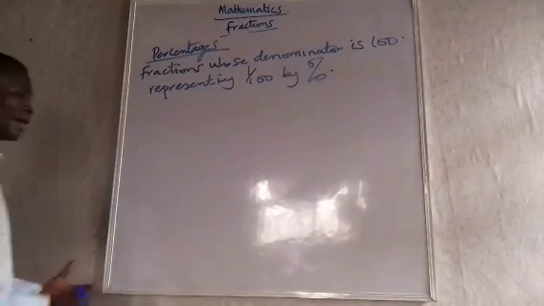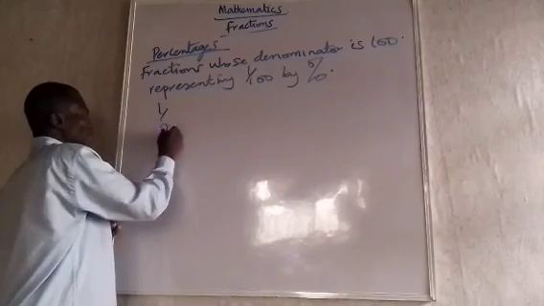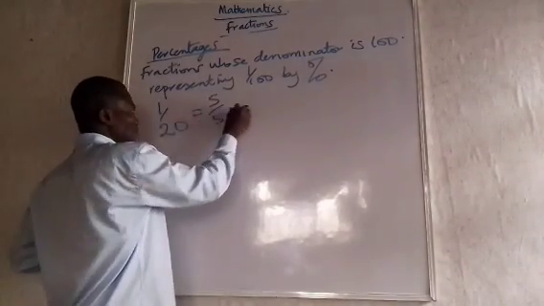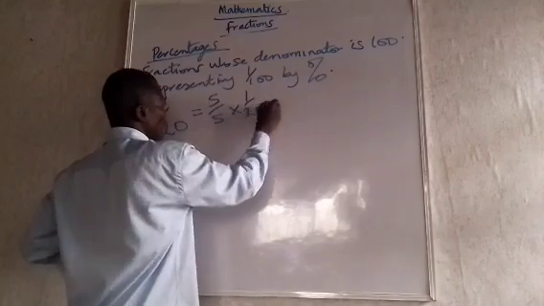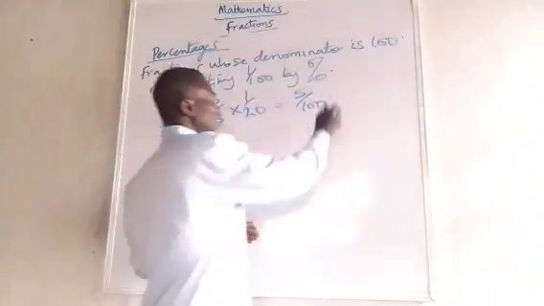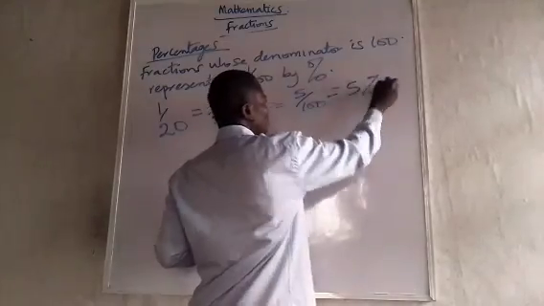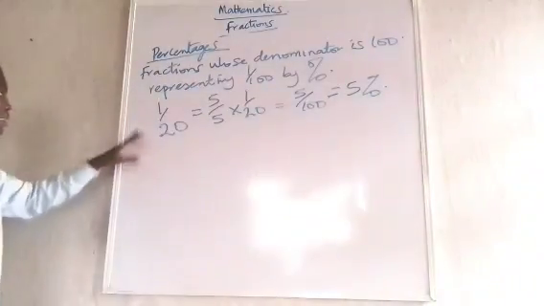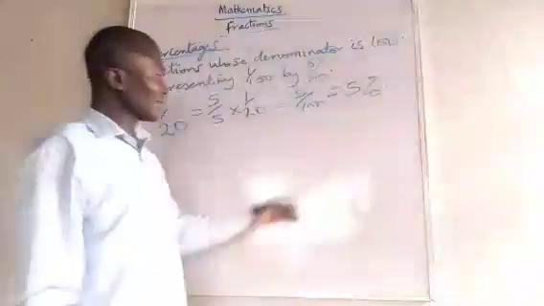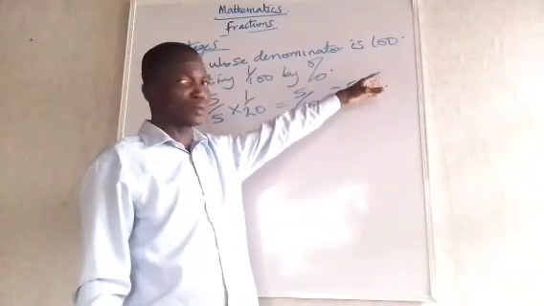Now let's say I have 1 over 20. You know, it is equal to 5 over 100. If I have 5 over 100, it's going to give me 5 percent. I think you understand what I mean now. So we convert the denominator to be 100. After that, we'll just change it to percentage.